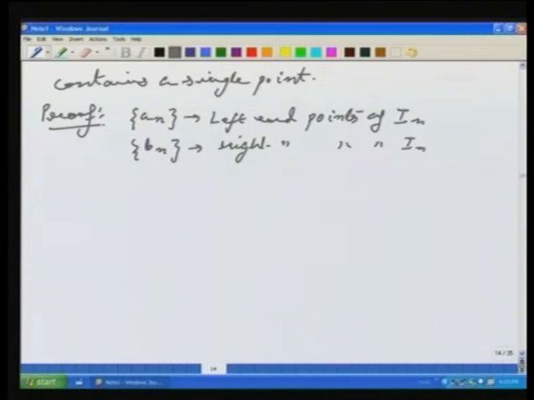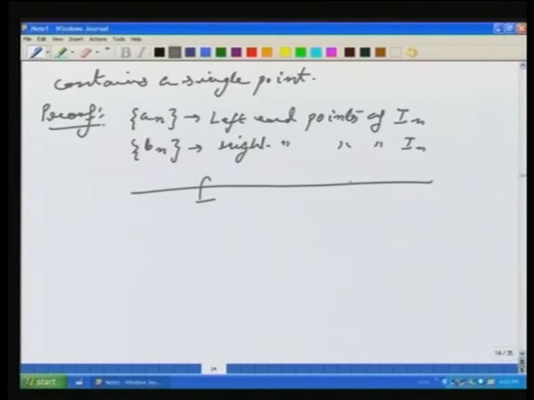So, somehow I have manufactured two sequences and I want to talk about their limits. Well, the question is, are these sequences convergent? I say yes, because the I n's are getting smaller and smaller. This is my I 1, A 1 B 1, then I look at I 2 which is A 2 B 2, then I look at I 3 which is A 3 B 3. It follows that the sequence A n is an increasing sequence.